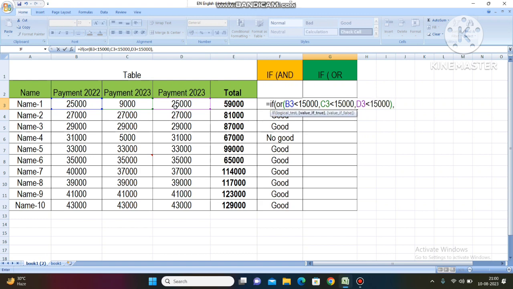After that we will put here a quotation sign, and then we will write over here OK. Then close with the quotation sign.